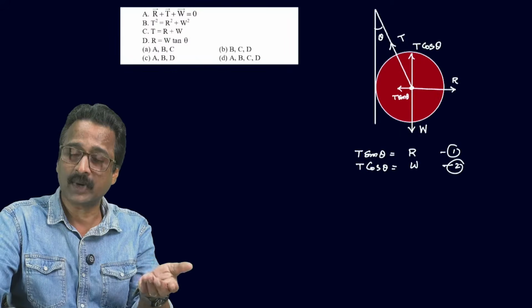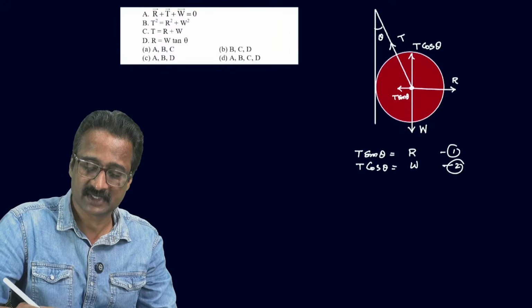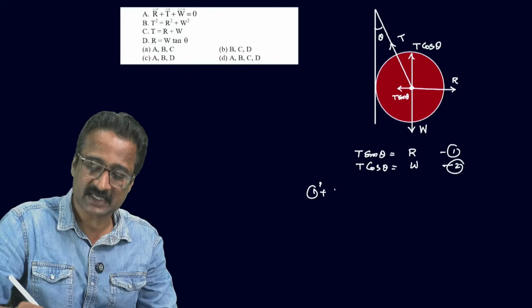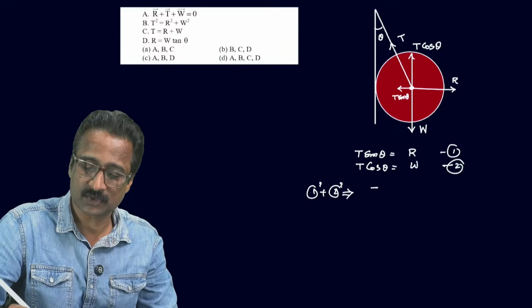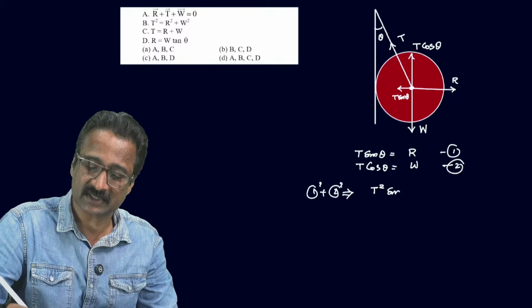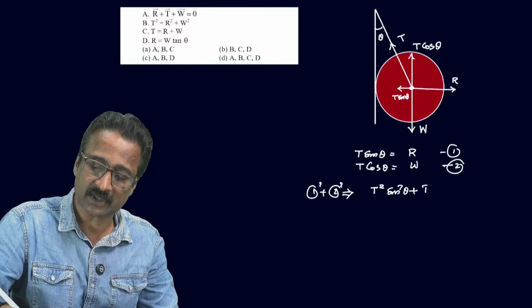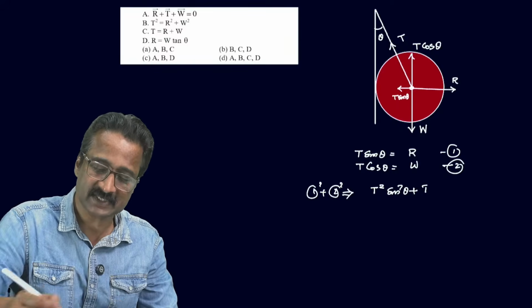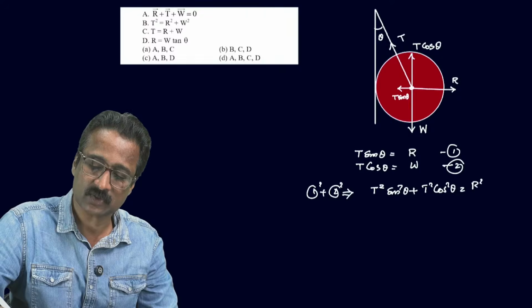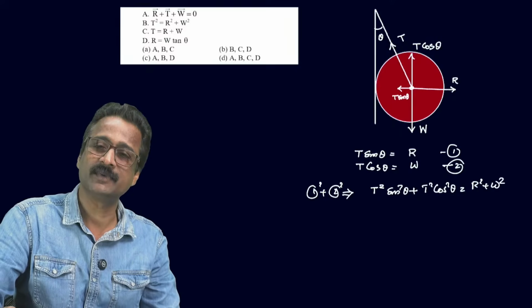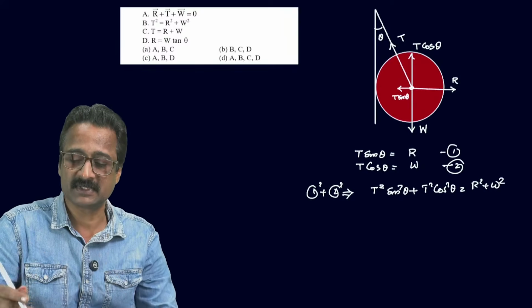Now, if you square and add these two expressions, that gives you a simple result, because it is going to be T squared sin squared theta plus T squared cos squared theta on the left side, equal to R squared plus W squared on the other side.